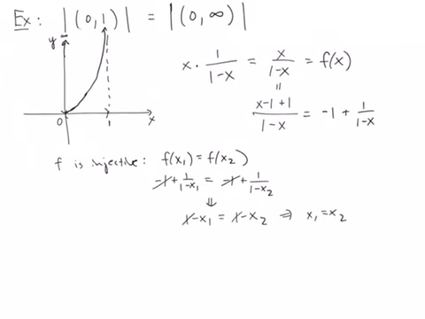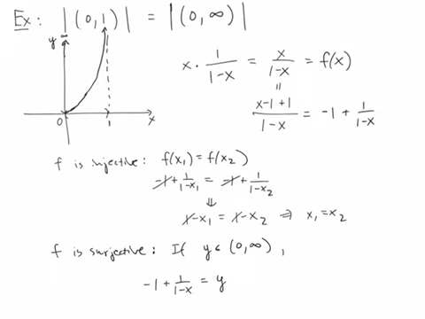And f is surjective. So if y is some element of 0 to infinity, what we want to do is solve negative 1 plus 1 over 1 minus x equals y.